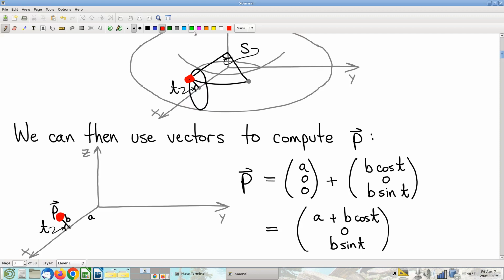And I'm going to point out that that red point is this vector there, which is easy to write down. A, 0, 0. Easy vector, it's always the same. That vector, and now plus, I'll use blue, this vector here.